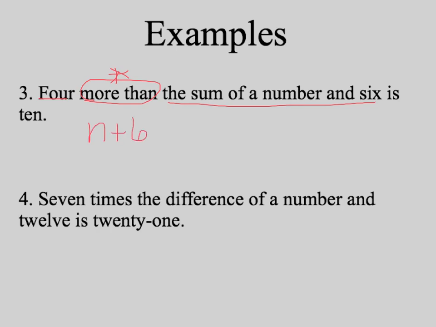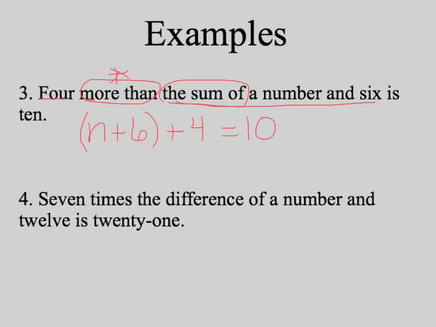Sum means addition. N plus 6. And then 4 more than that. So that needs to stay in parentheses because it says the sum of. And then we would say plus 4 is 10. Because it didn't say more than a number, it said the sum of a number and 6. That's why we had to put it in parentheses.